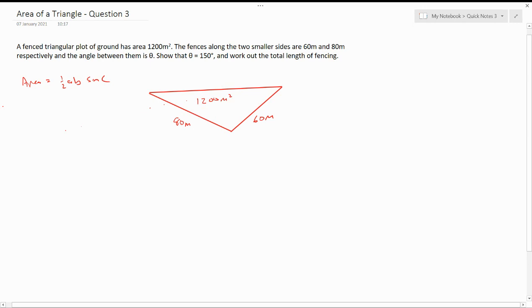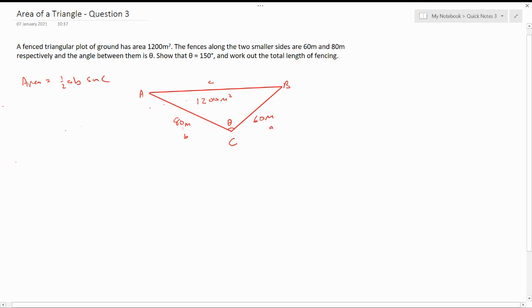I haven't put theta in there. That's theta. Theta is going to be our angle C, so a small c over that side. We have this as A, and this is B. So 80 is small b, and 60 is small a.